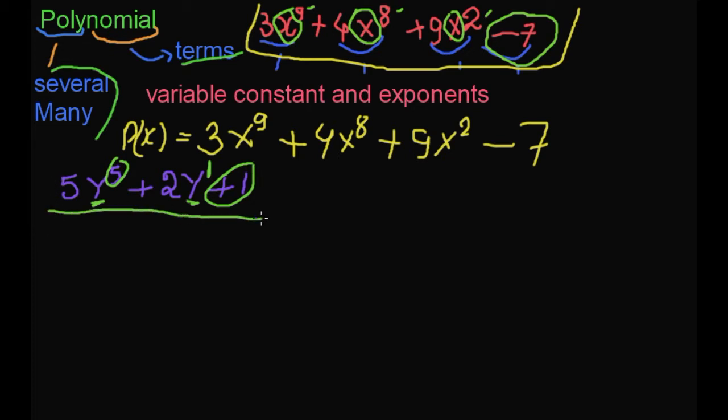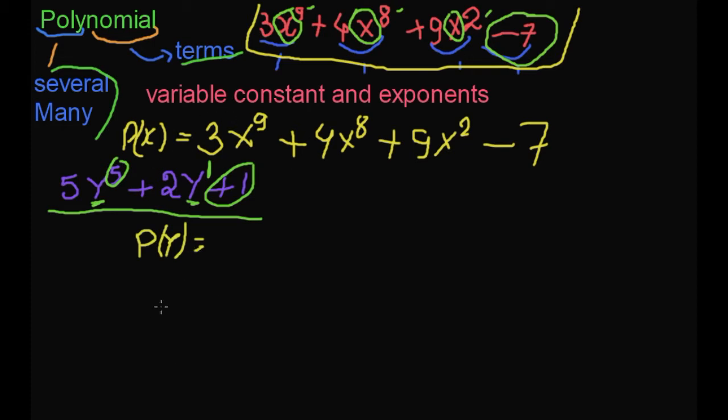So how will we denote this polynomial function now? We will write P(y), because here y is the variable. It can be anything in your question: y, x, z, a, b, c.